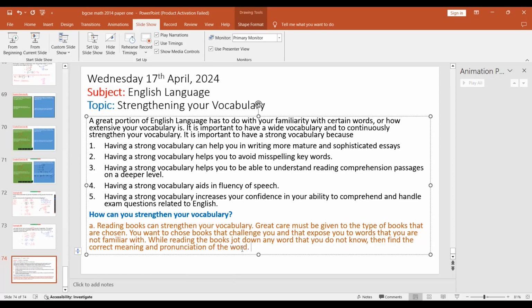So when people say, "Oh, just read a book and then your vocabulary can increase," that's not true. There's two things that you need to be careful with whenever you're reading a book to make sure that you are going to strengthen your vocabulary. The first thing is that you want to make sure that it's not an easy peasy book. It must be a book that challenges you.